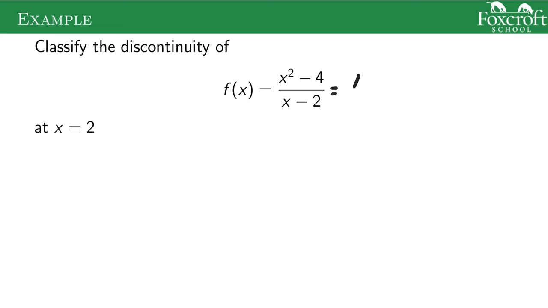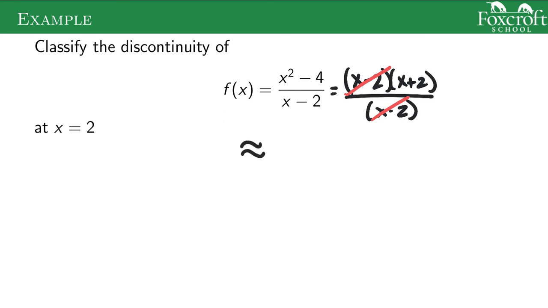So for this function, we can factor the top, like that, using the difference of squares, and we can cancel out this common factor of x minus 2. So this function is, I'm going to put the squiggly equals because it's not exactly equal to this function, but it's basically equal to x plus 2.